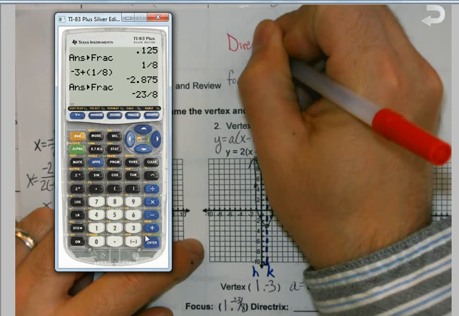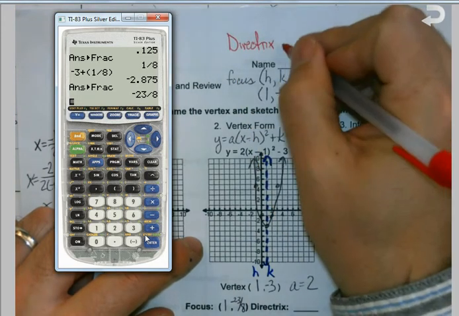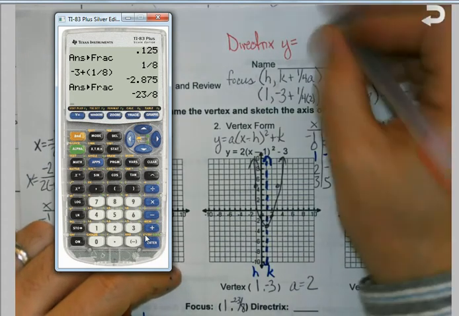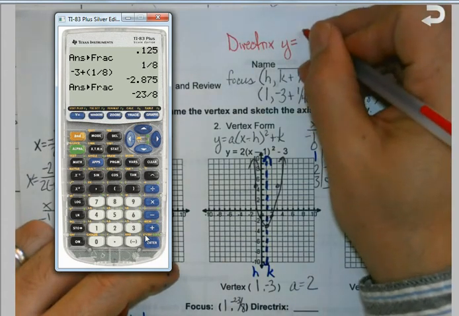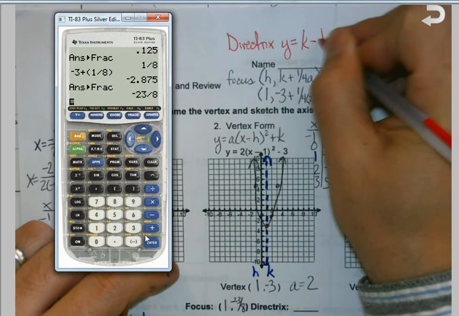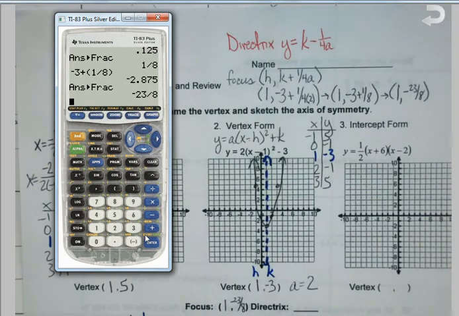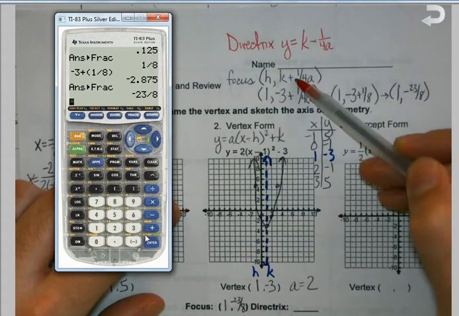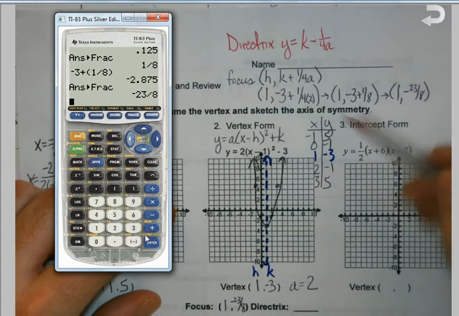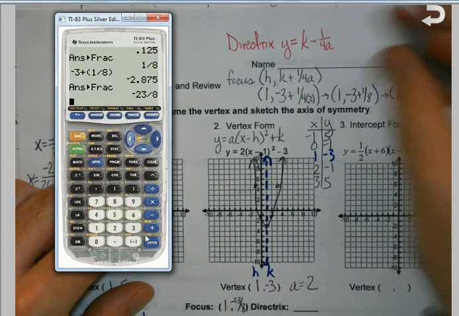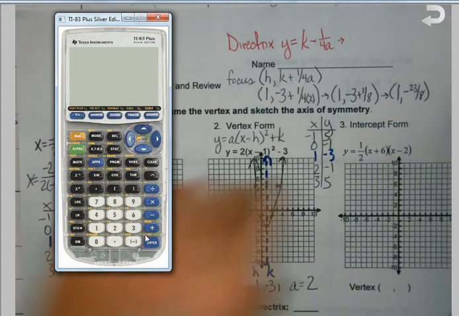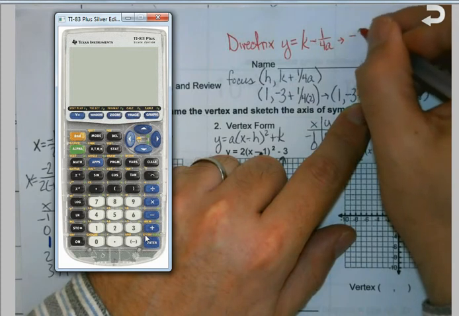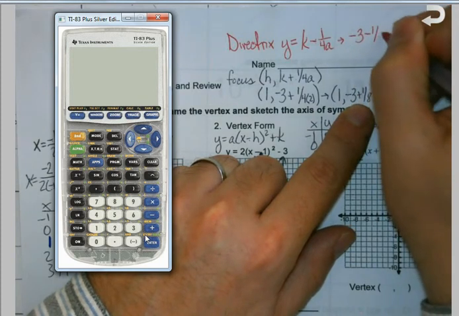So my directrix, its formula is going to be y equals, because it's a horizontal line, k minus 1 over 4a. Now if I'm paying attention, and I've already done my focus, I notice the only difference is one's plus and one's minus. So I'm not going to go through all of this again. That's silly. The only thing I have to do now is, oh, so this is going to be just this part, but it's -3 minus 1/8.